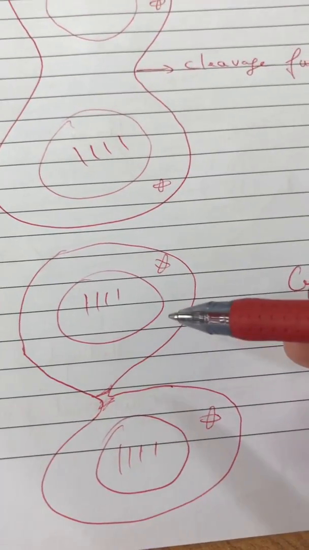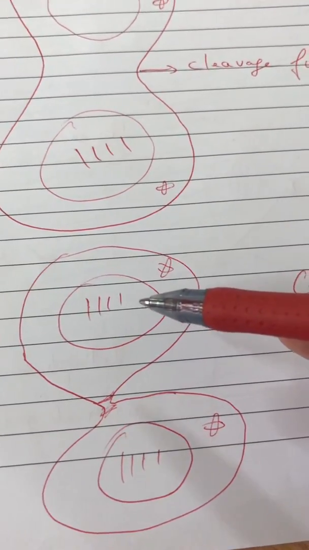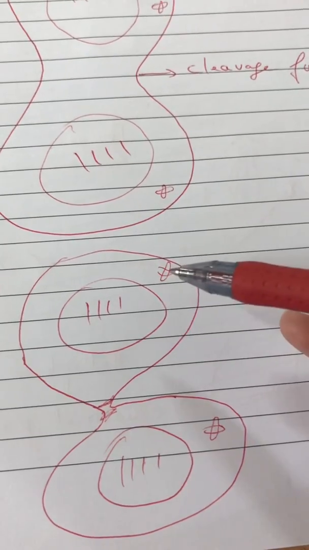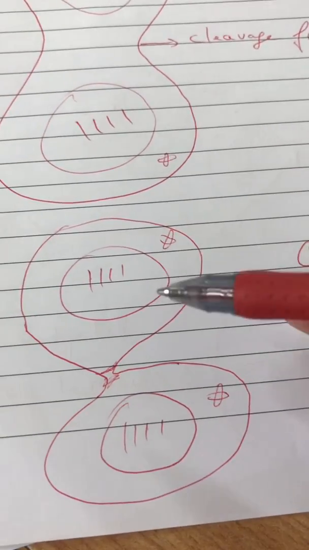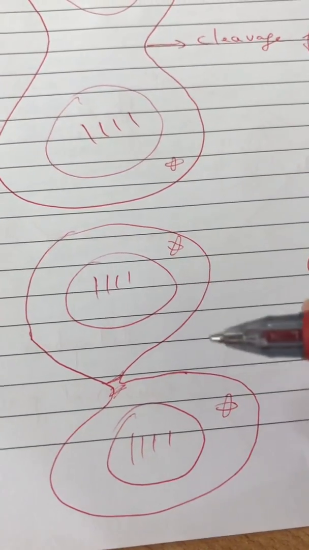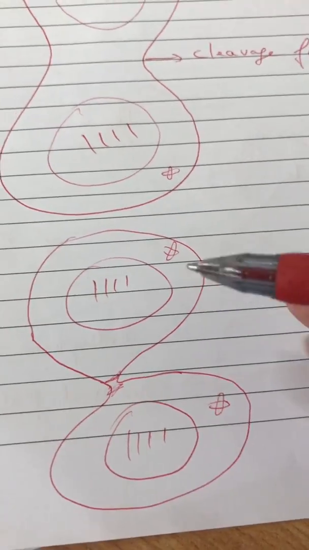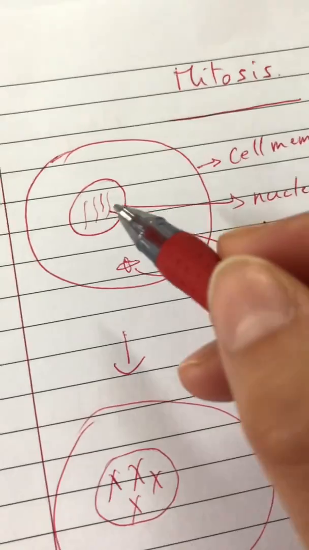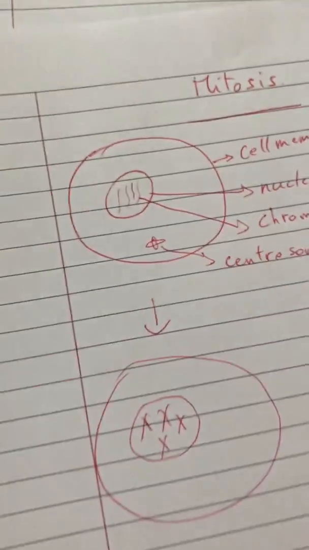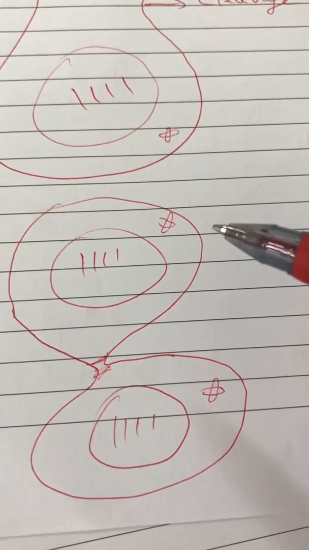Each cell has its own cytoplasm, its own nucleus, the set of chromosomes, and the centrosome. So the formed cells are totally identical to the mother cell. You see, we started with one cell containing four chromosomes. I ended up with two cells, also each one containing four chromosomes.